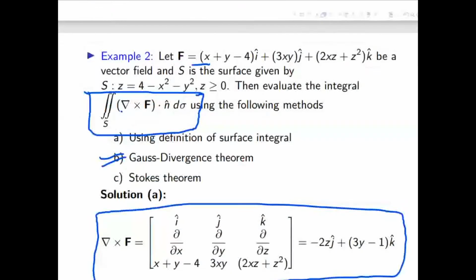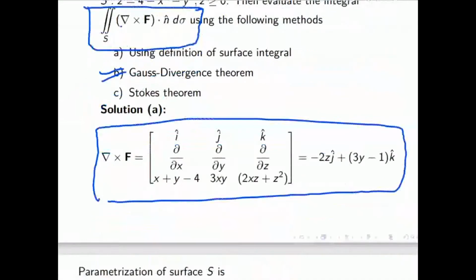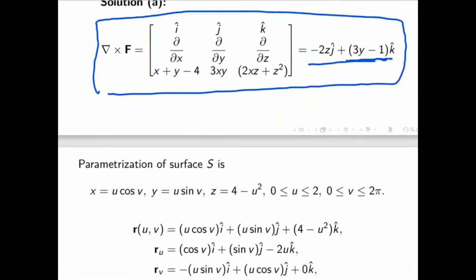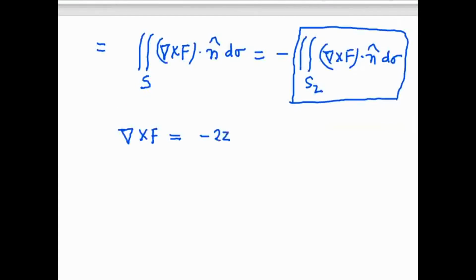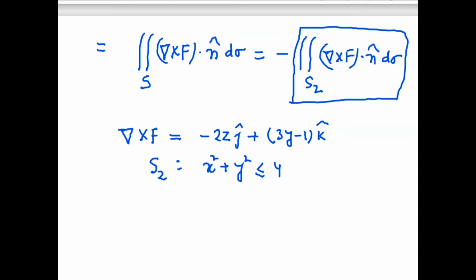Del cross f will give minus 2z j cap plus 3y minus 1 k cap. So this is del cross f, and surface S2 is the circle, this disk.